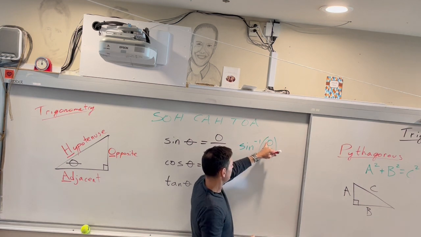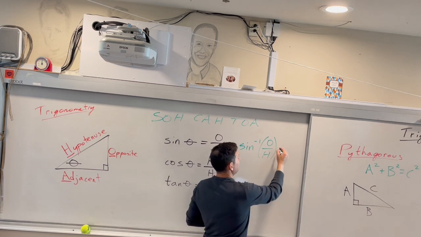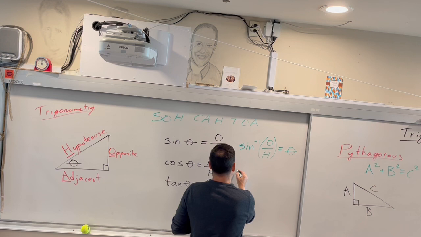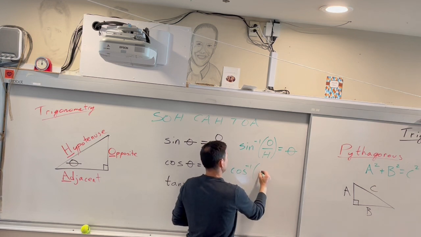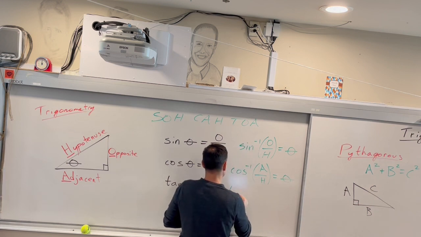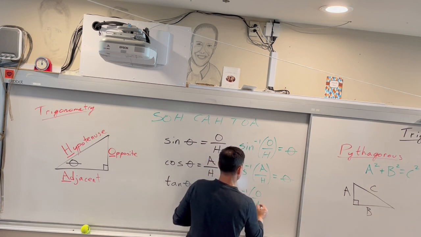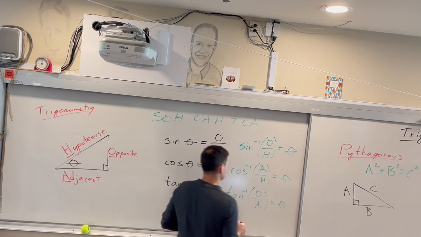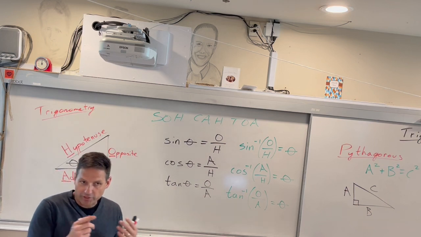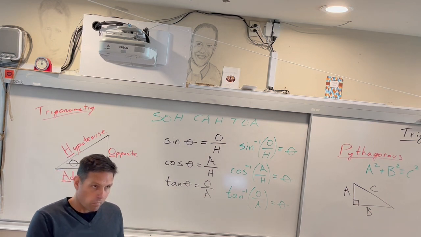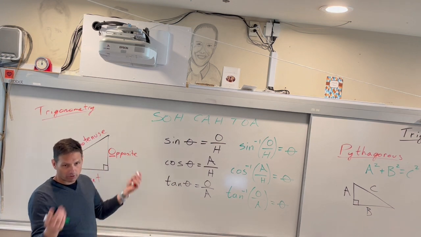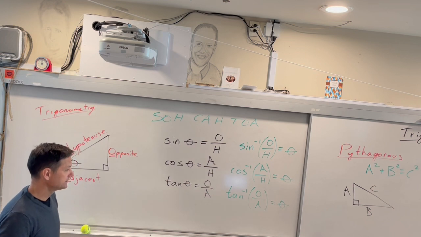You do the inverse sine of opposite side over the hypotenuse, and that will tell you the value of your angle. And of course this works for all of our three trig functions. Okay. So as long as you have two things, either the angle and one side, or two sides, you can find all the rest of the parts of the triangle.